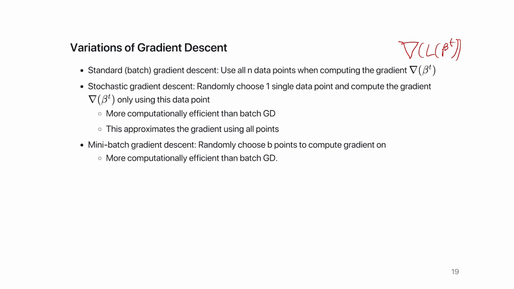Remember that the average loss in general is a sum from i equals 1 to n of the loss function between y and y hat, and then we usually take the average. So essentially, instead of summing up to n, we're only going to choose b points, or only 1 point. If I'm doing stochastic gradient descent, I'm not really doing an average anymore. I'm just choosing the loss of 1 point and then updating my gradient based on that.